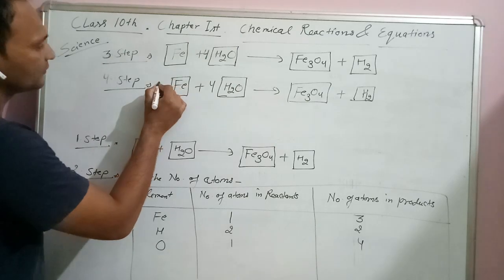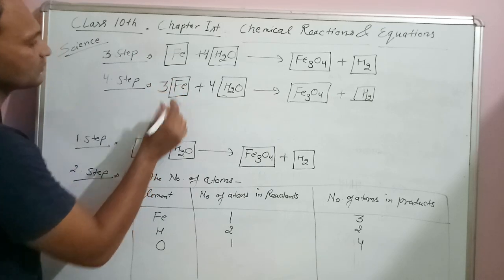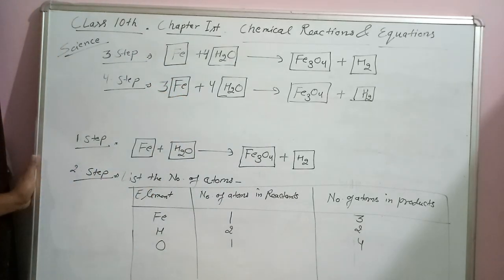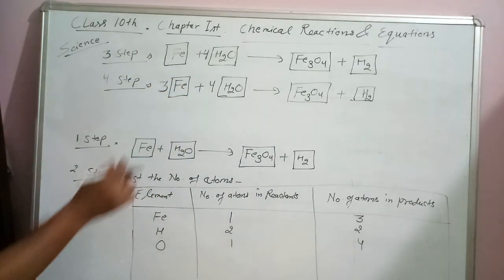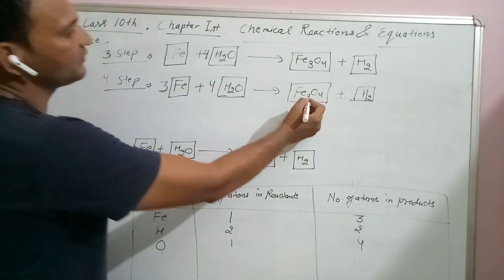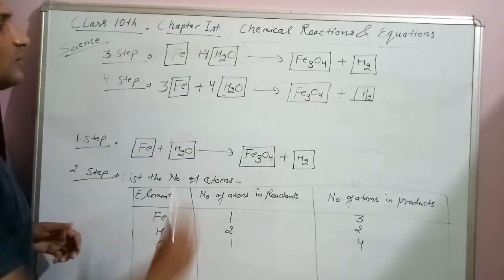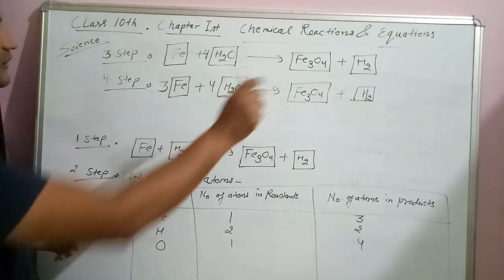So we write 3 before the Fe, before the box, in the reactant. So this will be 3 Fe here and 3 Fe in the product side. So Fe is balanced.